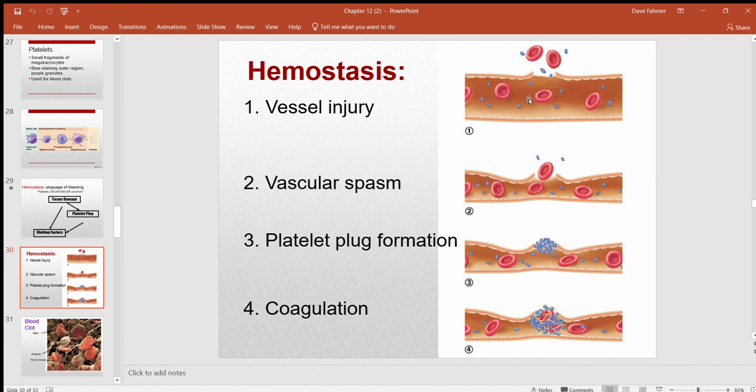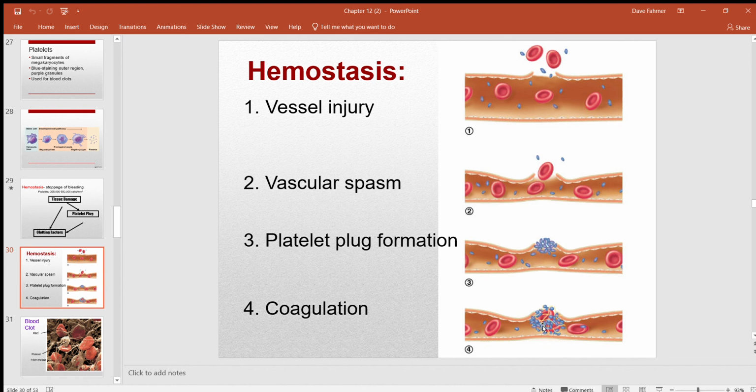So you can see here, we break a blood vessel. Basically, the blood vessel starts to constrict to reduce the amount of blood that's escaping. And then the platelets are going to be attracted to that area because of that chemical that's given off. They'll plug in the area where there's a break in the blood vessel.